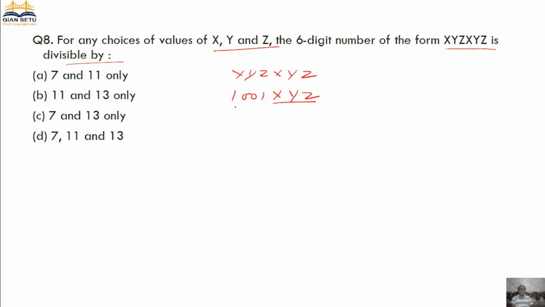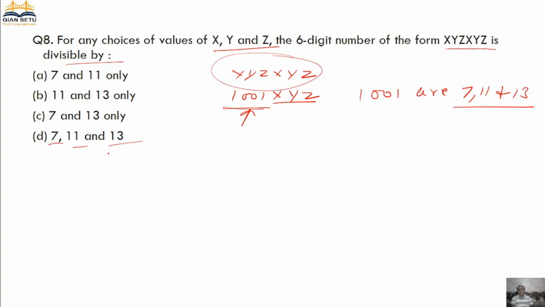Now if we observe this number, then the factors of 1001 are 7, 11 and 13. So this number will always be divisible by 7, 11 and 13. So right answer is D here.